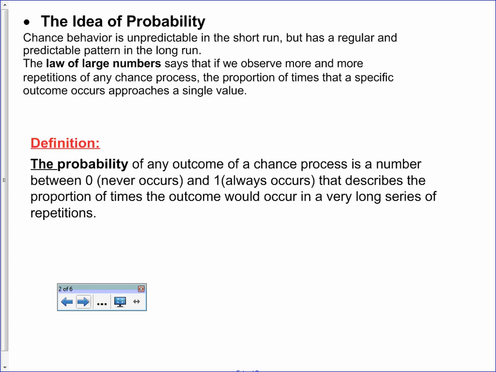Now, one of the cool things is that all probability is between 0 and 1. You cannot have a probability greater than 1. Either it always occurs or it never occurs. If we get a probability that's over 1, we made a mistake. If we get a negative probability, we made a mistake. And we'll generally write them as decimals.